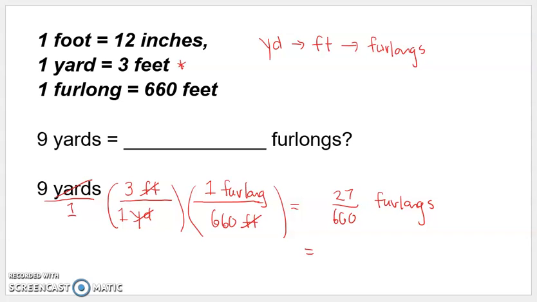So let's do that division. 27 divided by 660 is equal to 0.040909 repeating furlongs.